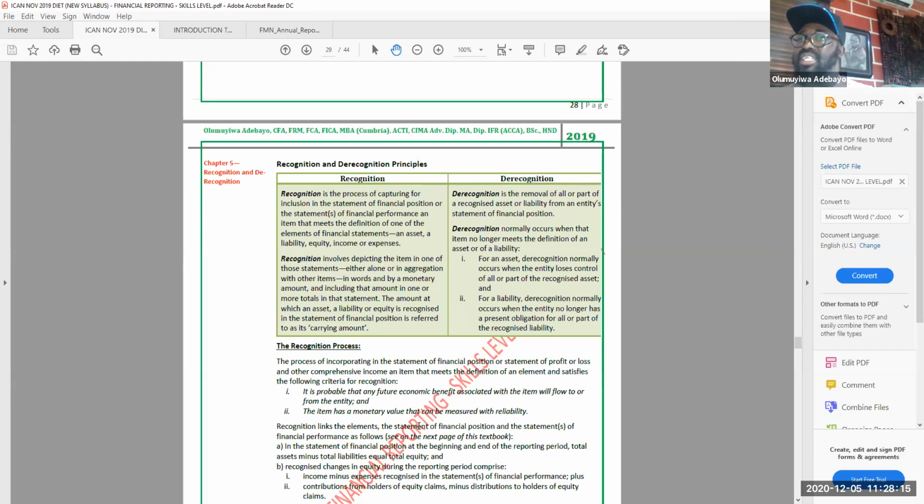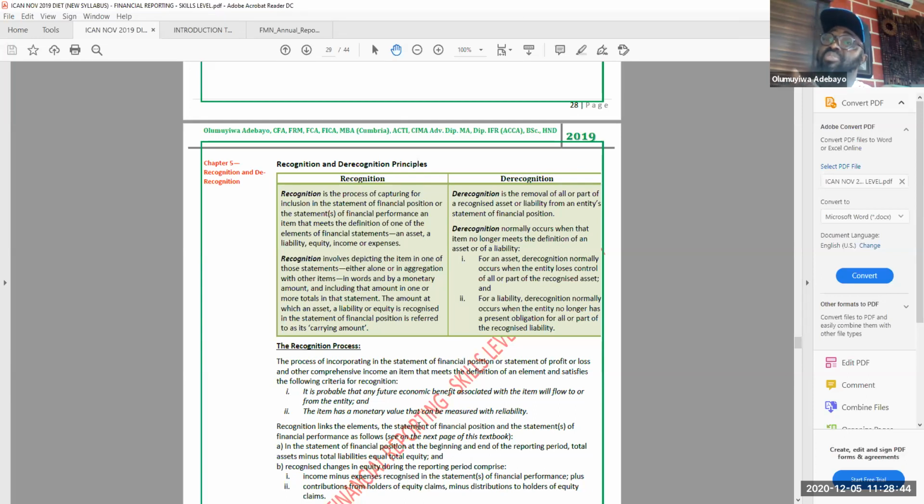Okay, that is that. But take note, you can have what we call partial derecognition, which means you are not derecognizing the entire asset because probably what has expired or what has been sold of the asset is just a part of it. Therefore, you can't derecognize the whole, but you derecognize the part. The same thing for liability.